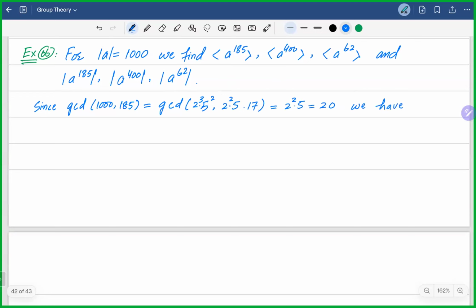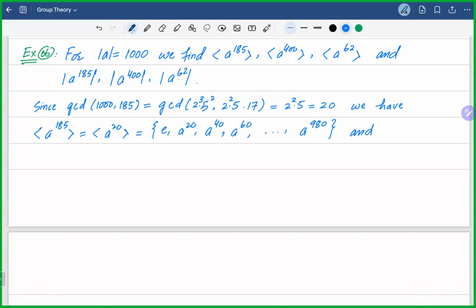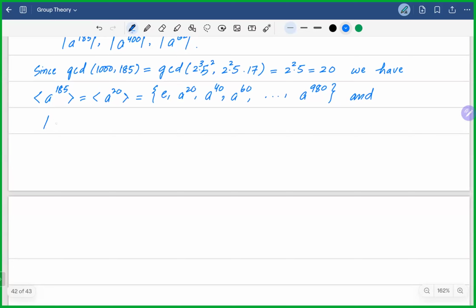We have the set generated by a power 185 is equal to the set generated by a power 20, and that will have e, a power 20, a power 40, a power 60, up to a power 980, and the order of a power 185 is going to be the order of a power 20, and that is going to be 1000 divided by 20, and that is going to be 50.